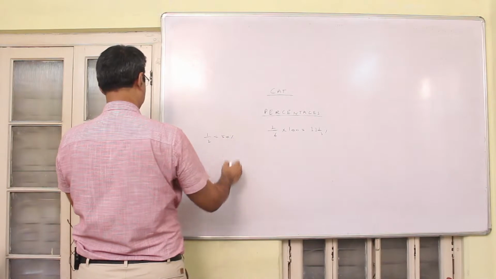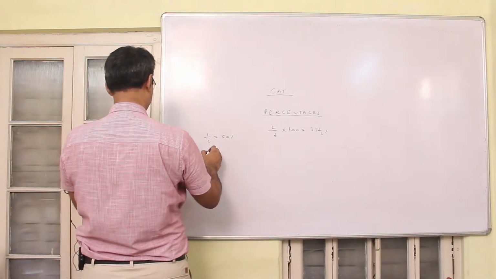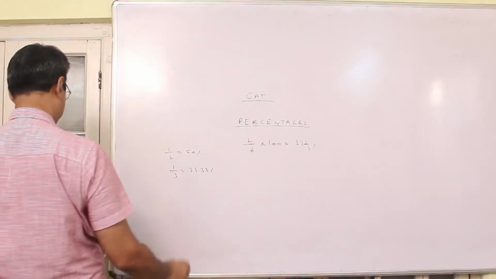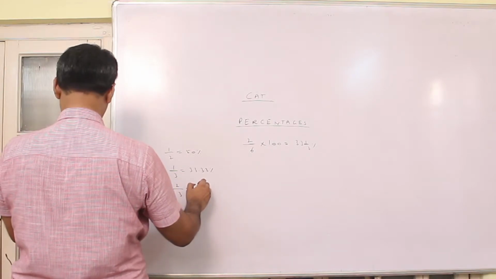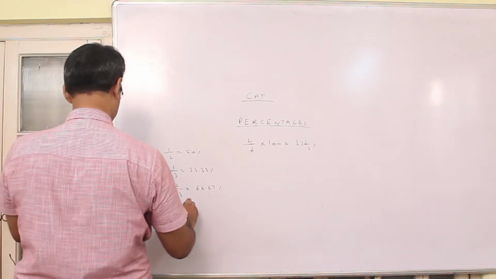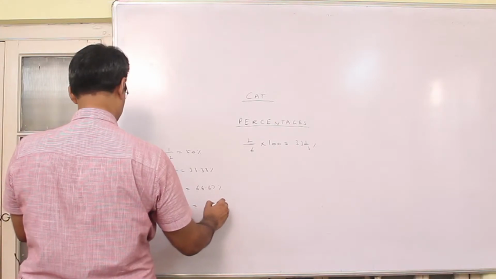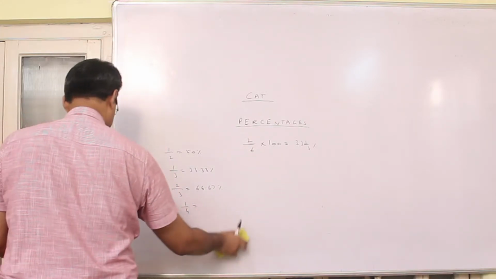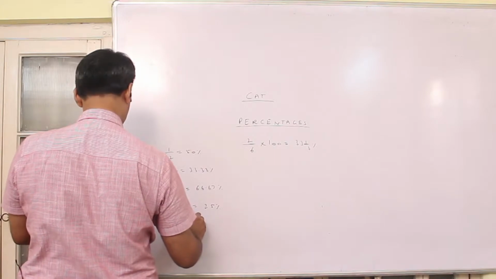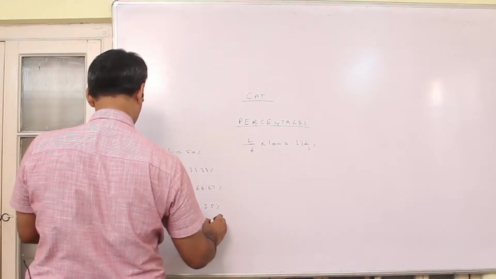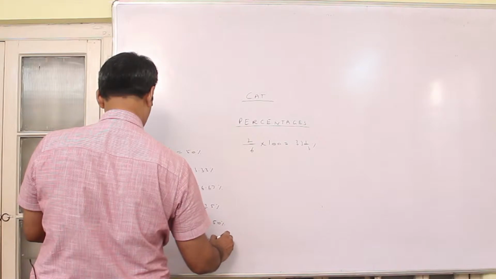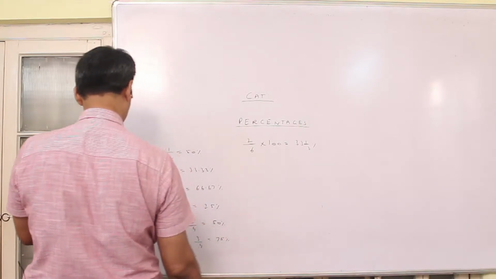For example, 1/2 is 50%. 1/3 is 33 1/3%. 2/3 is 66 and 2/3%. 1/4 is 25%. 2/4 is 50%. 3/4 is 75%.